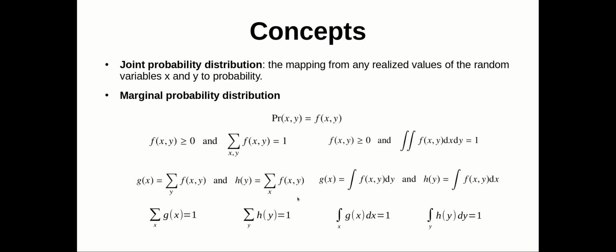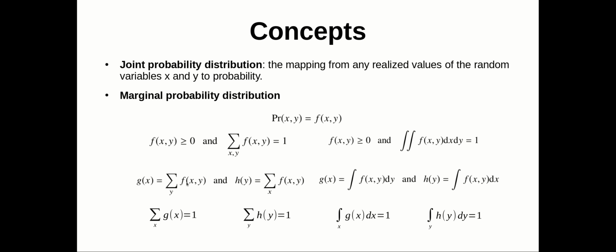So here we have the marginalization of x, right? We have the marginal probability of x, right? So if we sum gx over x, then the result is going to be 1.